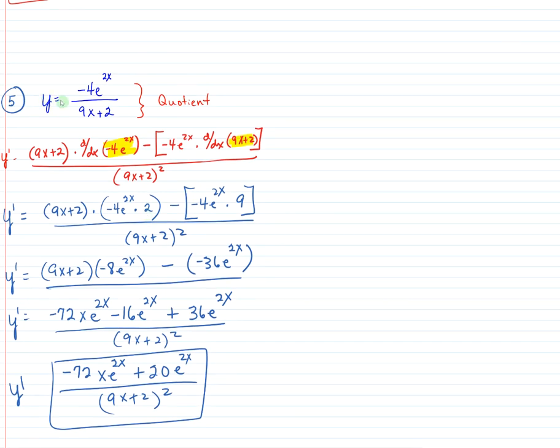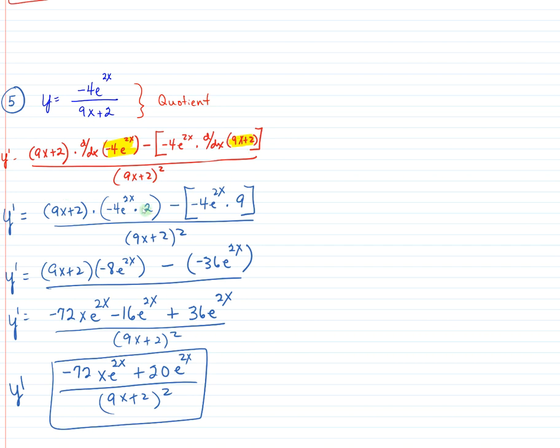All right, so number 5, here's our function, and we have to note that this is a quotient. This is one function of x, this is another function of x. So our roadmap is the bottom times derivative of the top minus the top times derivative of the bottom. Remember, I put this last part in brackets all over the bottom squared.